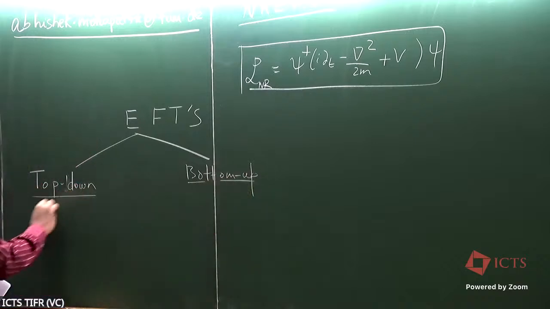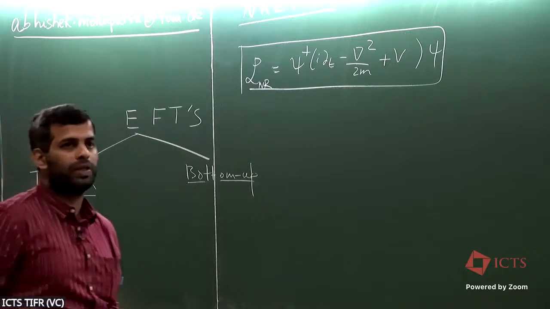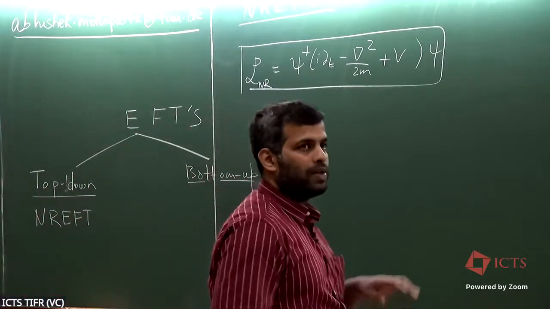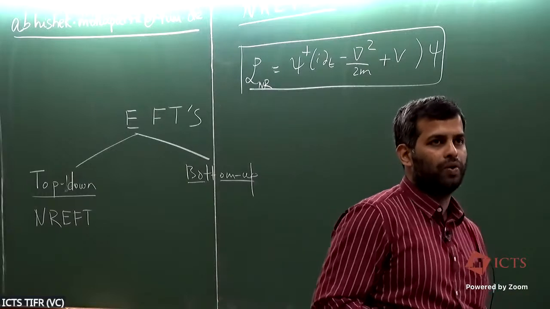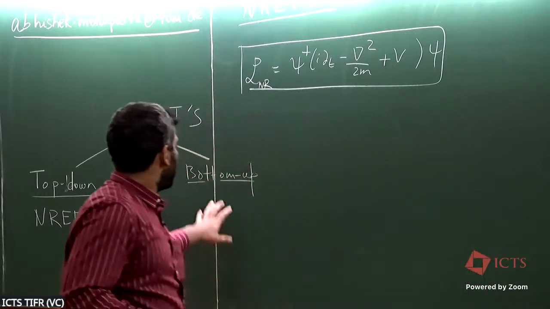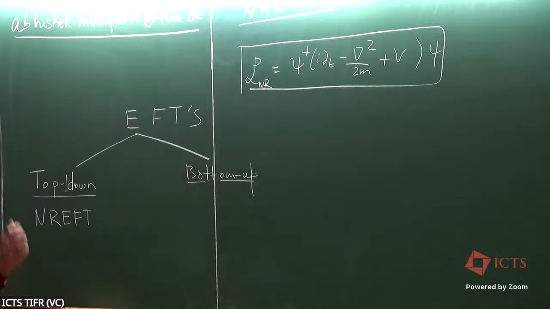NREFT basically sits in the top-down approach in the sense that you have a UV theory which you can match onto to get your matching coefficients, or the Wilson coefficients. Examples of the bottom-up are something like chiral perturbation theory, where things are non-perturbative and you start constructing from a bottom-up approach and fit parameters to the experiments.